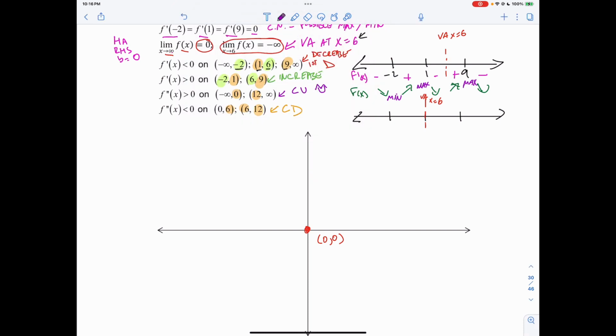And in the other intervals, I have f double prime of x is positive, then negative, then negative, then positive.